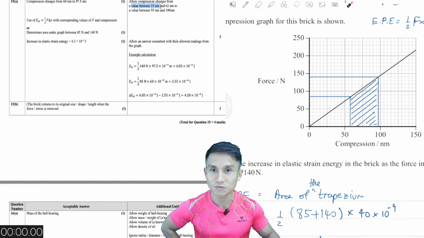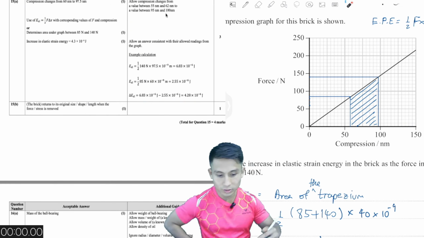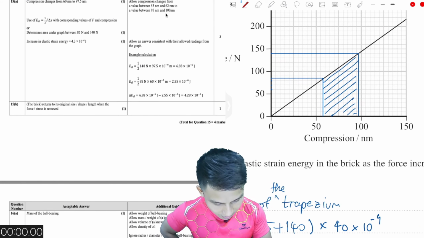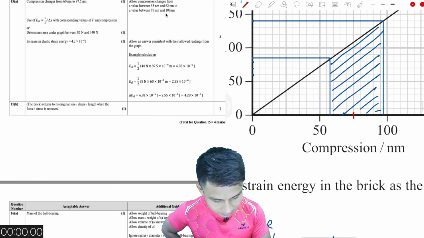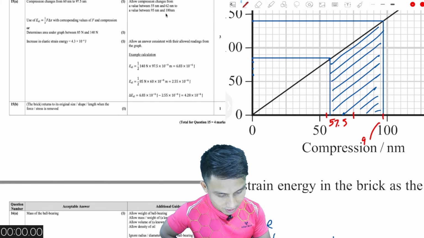Okay, allow compression changes from 55 and 62 to a value between 95 nanometers and 100. So what did we get again? So hang on, I would have read that as, this is 57.5, right? And that would have been 97.5.